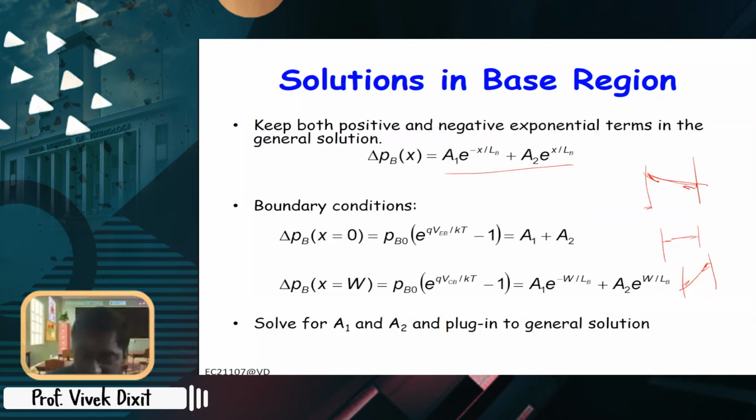And when we use the boundary conditions at x equal to 0 and at x equal to W, at x equal to 0 the excess hole concentration will be A1 plus A2. At W, it will be A1 e to the power W by L plus A2 e to the power minus W by L. So with these two equations, we can solve for A1 and A2, right?